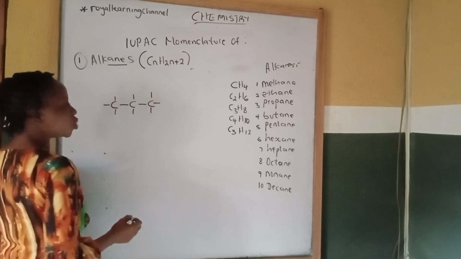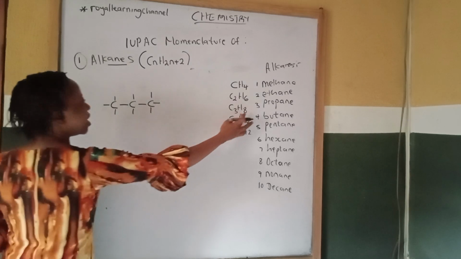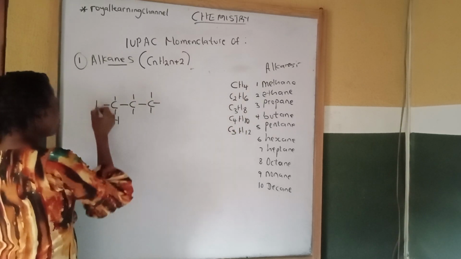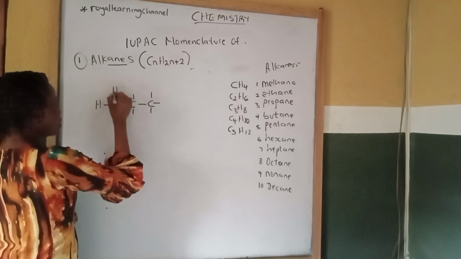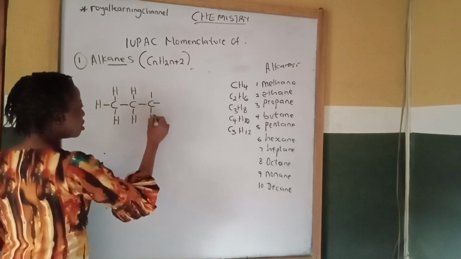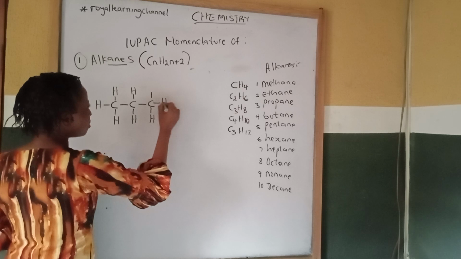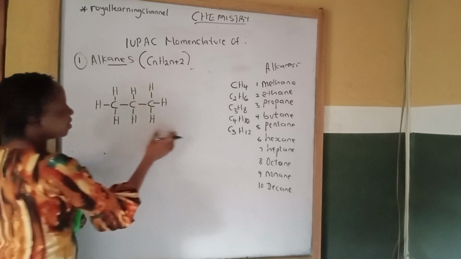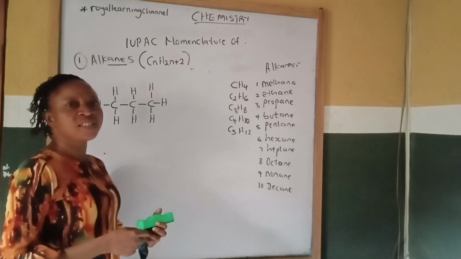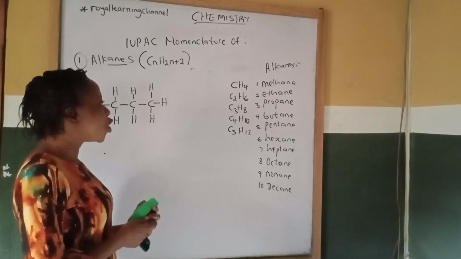Now we surround with what? With hydrogen atoms. Then 8 hydrogen atoms from the molecular formula. 1, 2, 3, 4, 5, 6, 7, 8. This is the structural formula for propane.